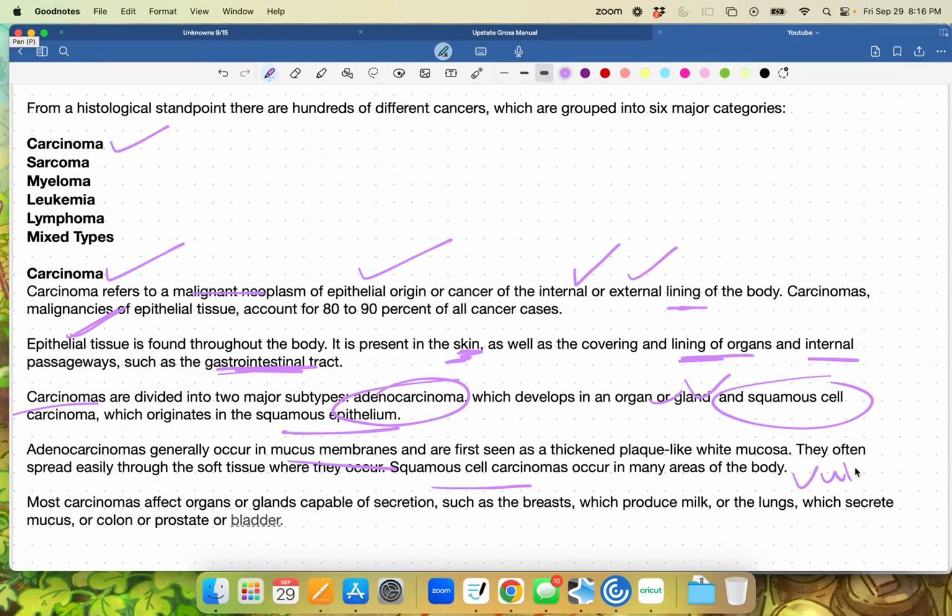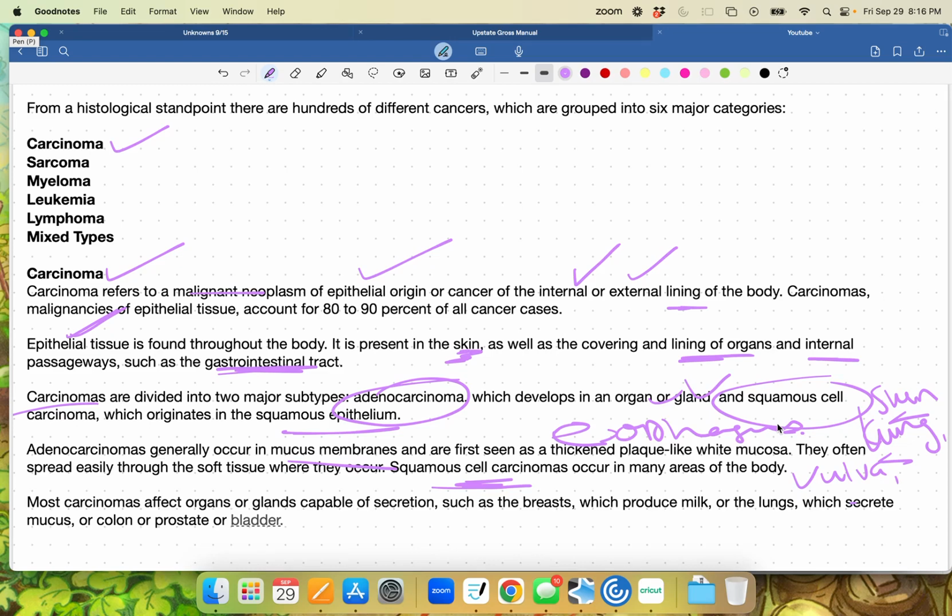So you can see it in the vulva, the lung, the skin, the esophagus. There are a lot of different places where you can see this. So important to be aware of squamous cell carcinoma.